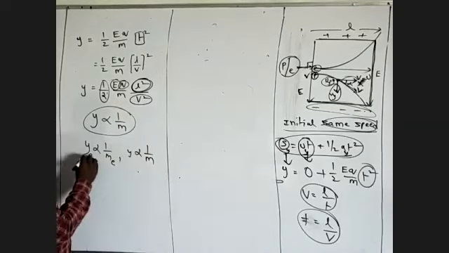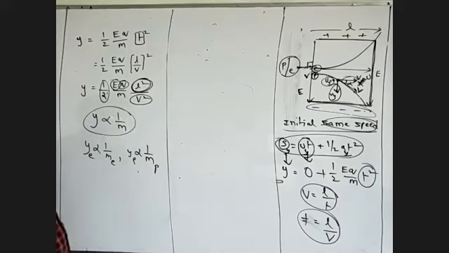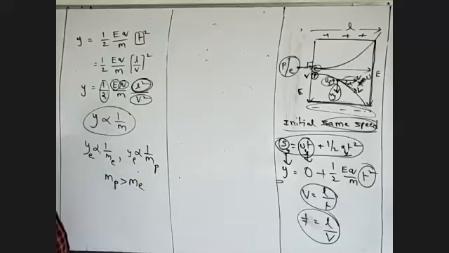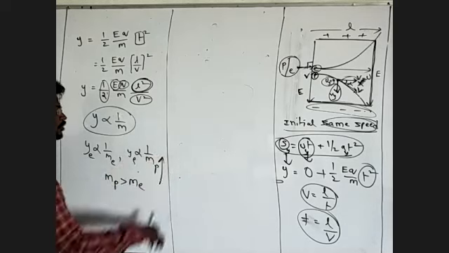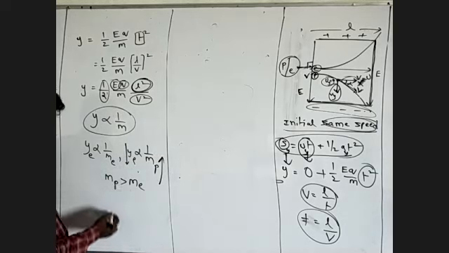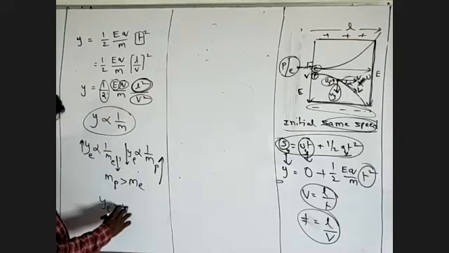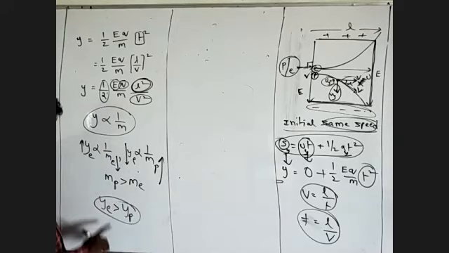This is an electron, and this is a proton. Now we know the mass of the proton is much greater than the mass of the electron. So for the electron the mass is less, so y is more, and for the proton the mass is more, so y is less.